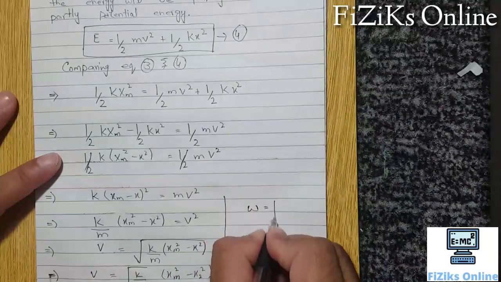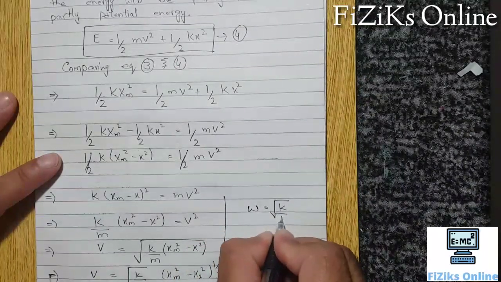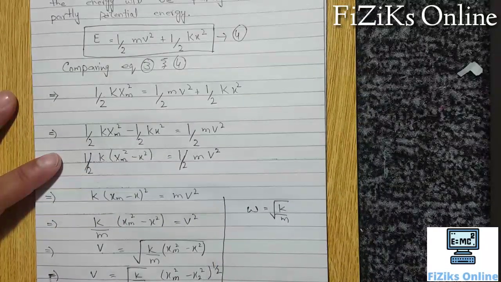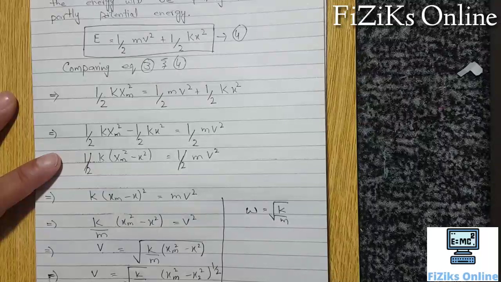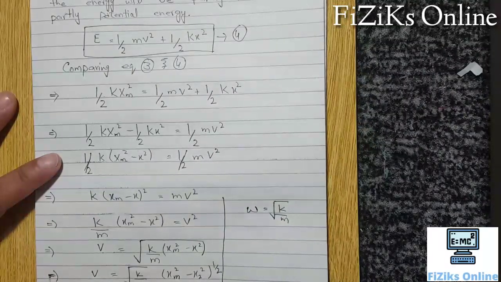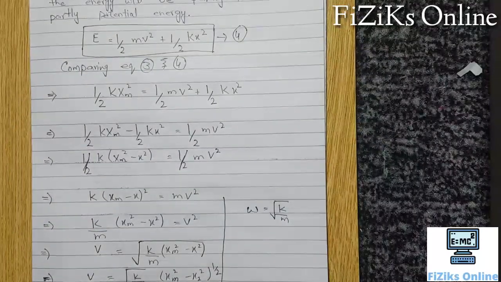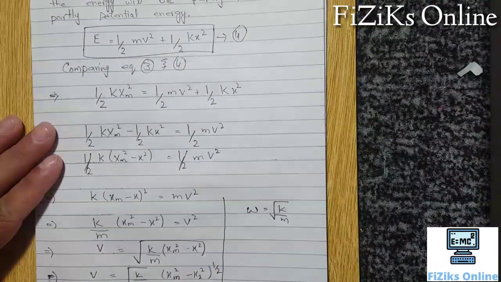Omega equals under root k by m. So v equals omega (xm square minus x square) to the power 1/2.